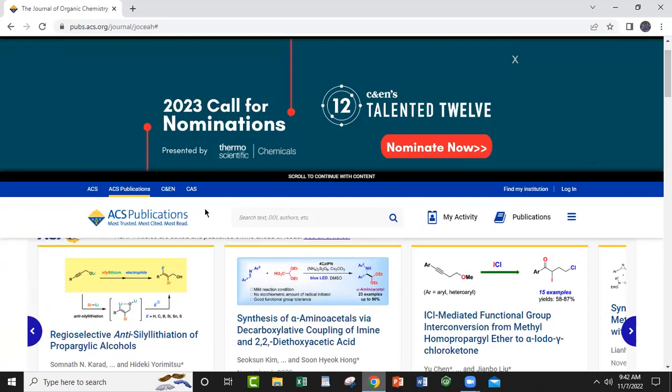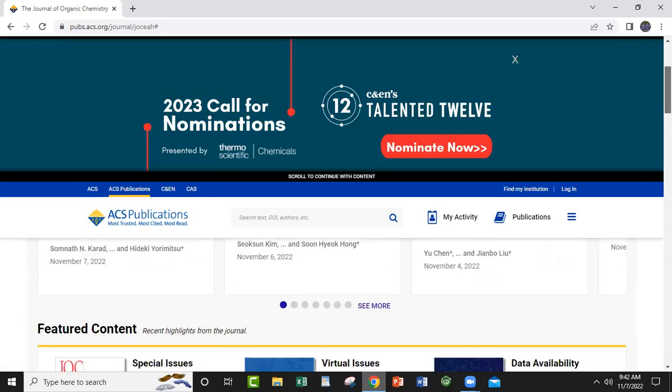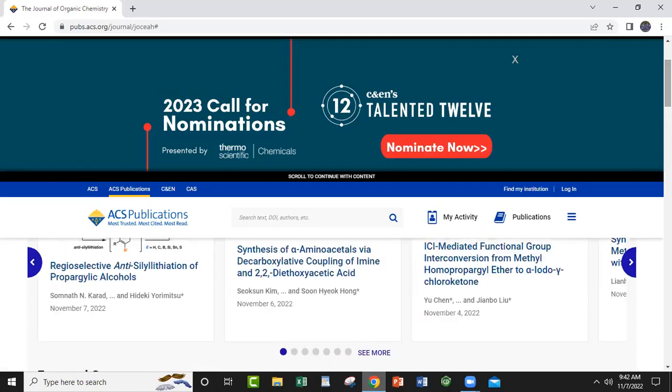So this journal, the Journal of Organic Chemistry, is a journal where research groups submit their work and they submit, hey, we made this and we did it. This is the method. A lot of times new methods are developed and then published. Sometimes it's an improvement on an existing method. Sometimes it's a brand new method. But at any rate, anything that you make, you have to prove that you made it.